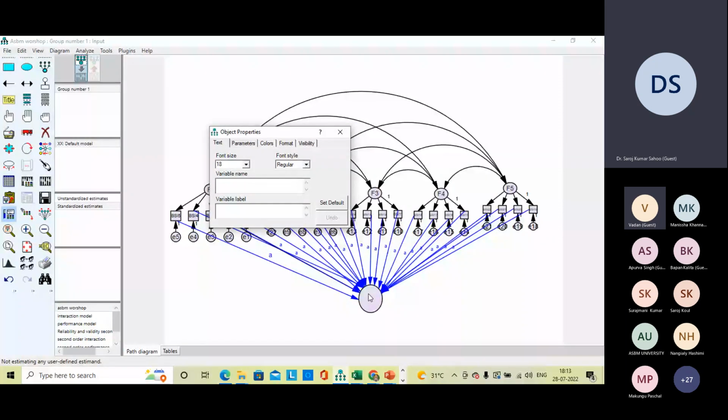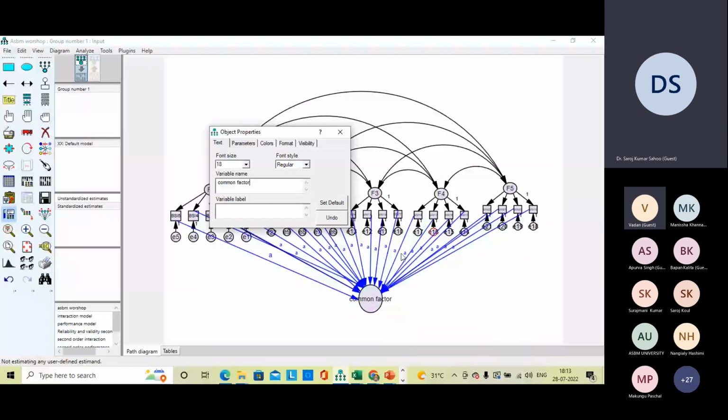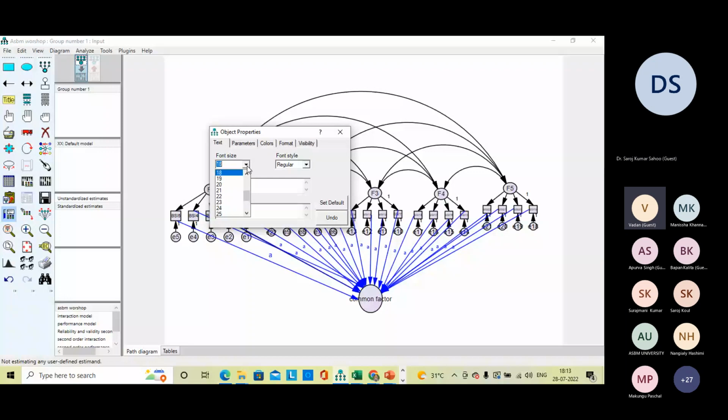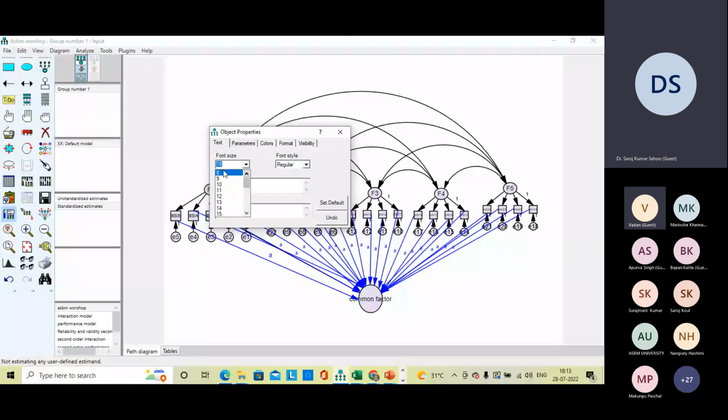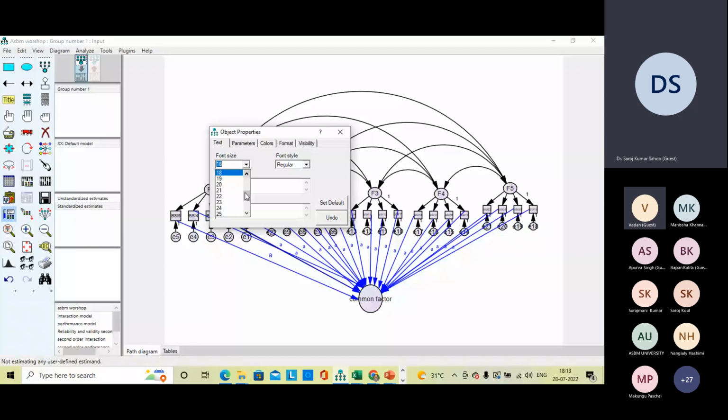So name it common factor. Then I need to constrain it to 1.